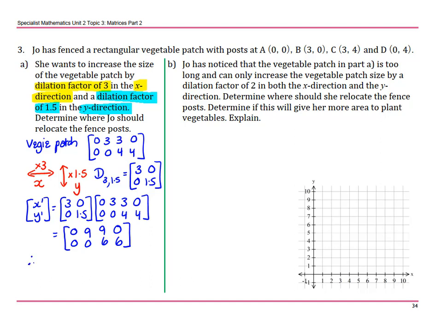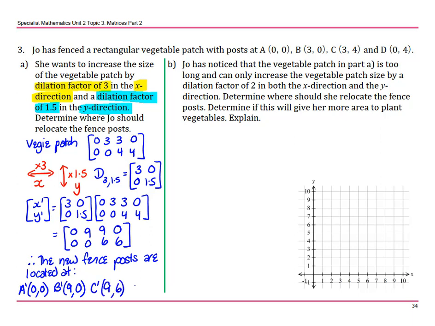So therefore, the new fence posts are located at A is 0, 0, B is 9, 0, C is 9, 6, and D is 0, 6.